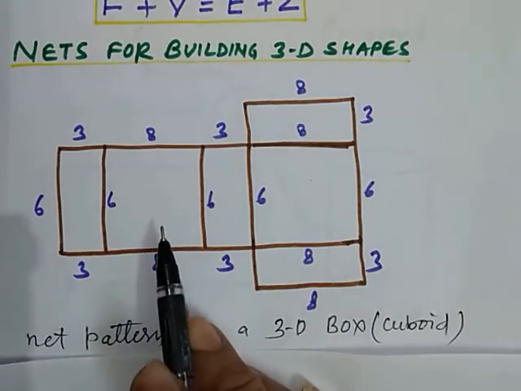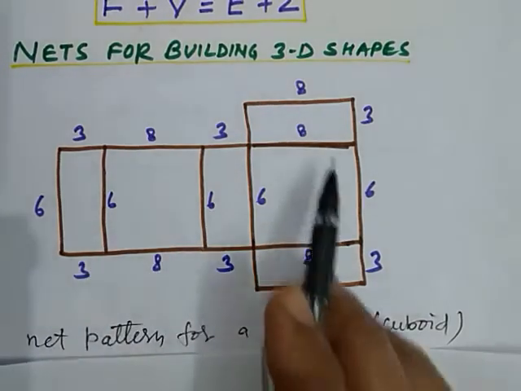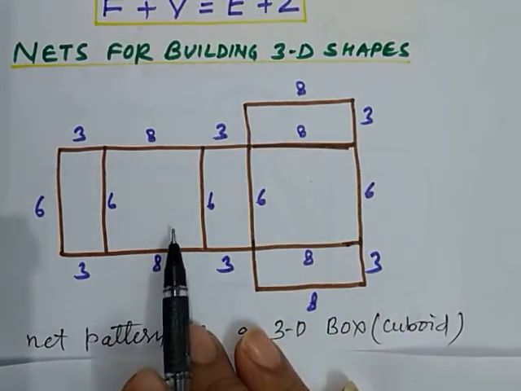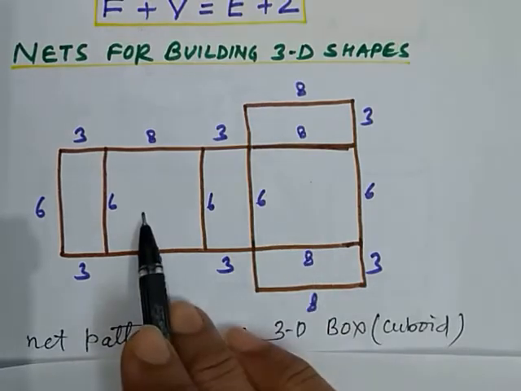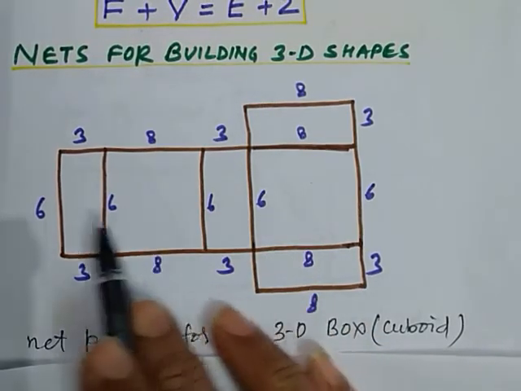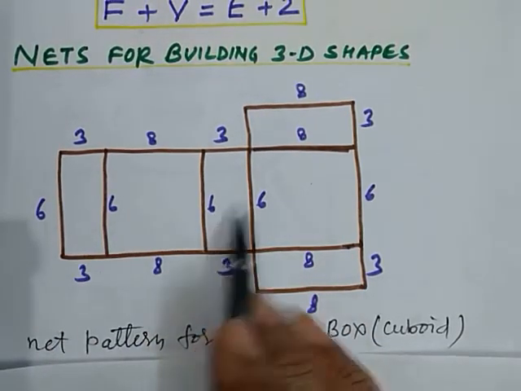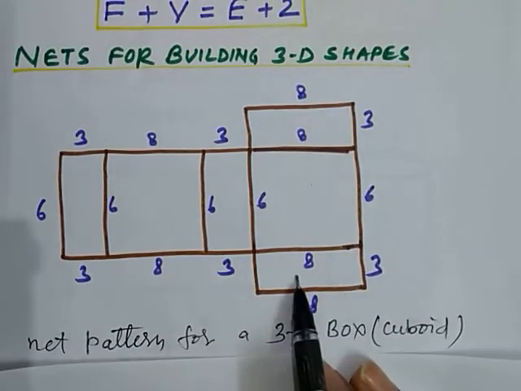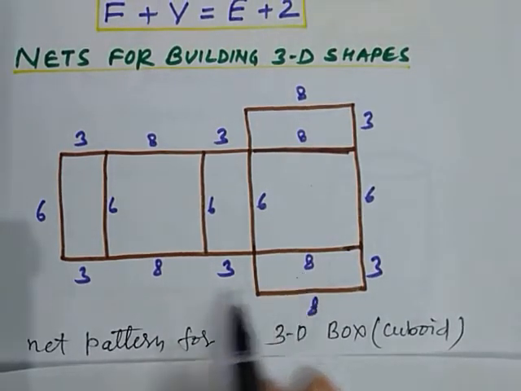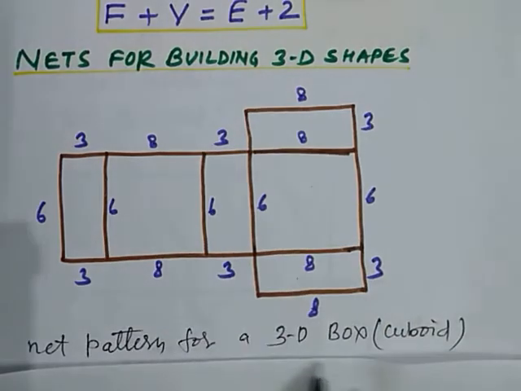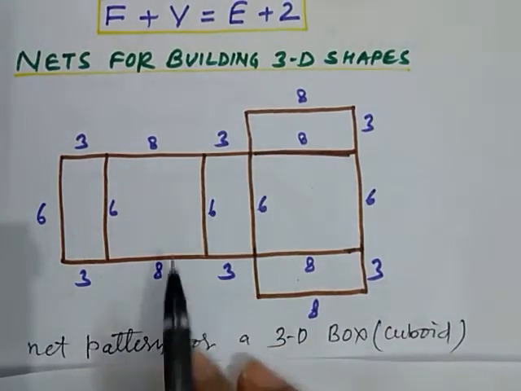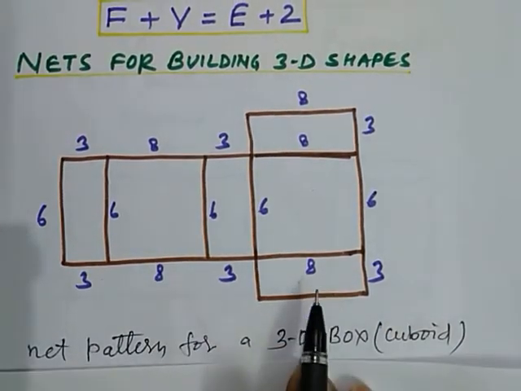When we open it, it looks like this. Okay, this and this, top and bottom, and this are sides. This and this are also sides. Okay, so this is a net pattern for a 3D box.